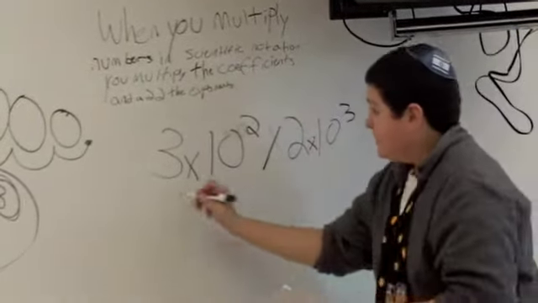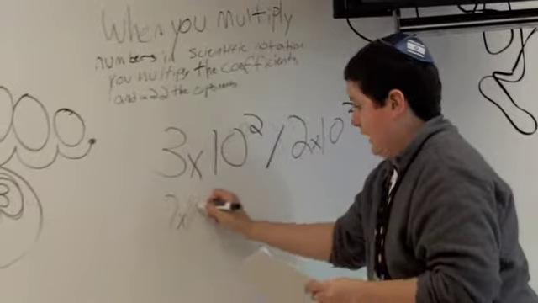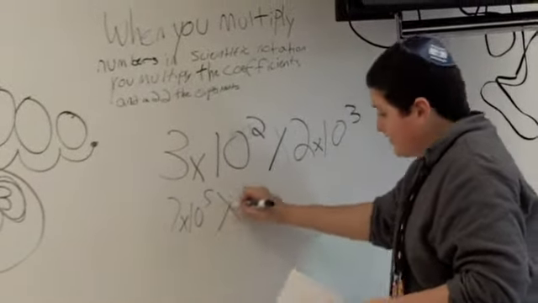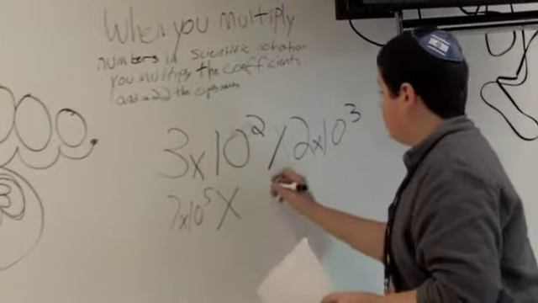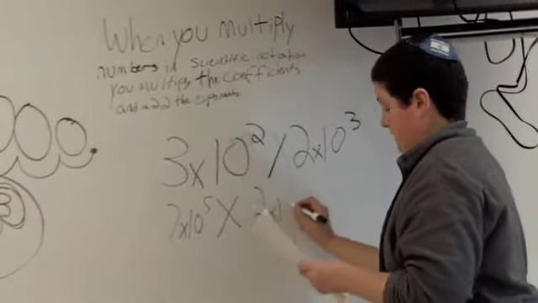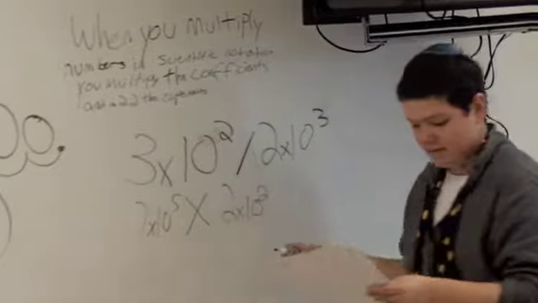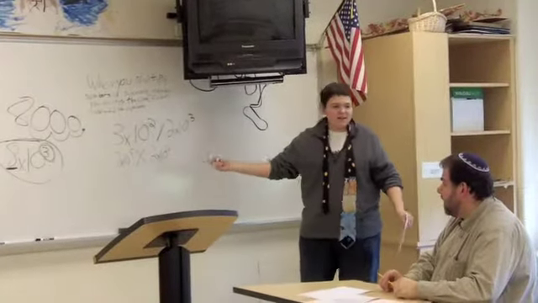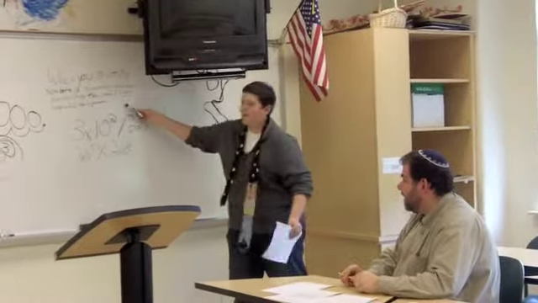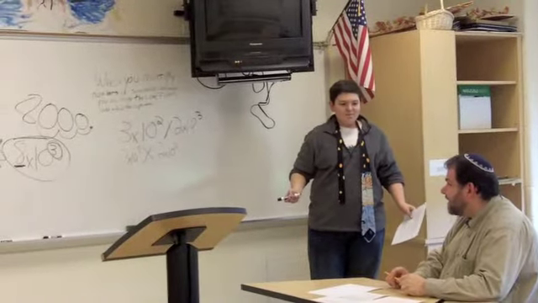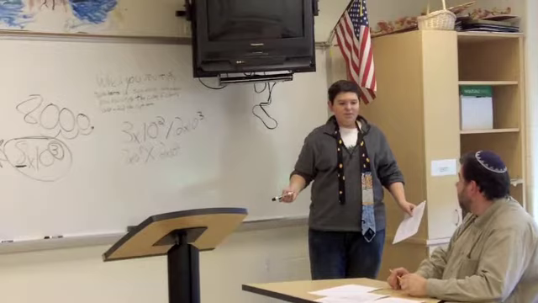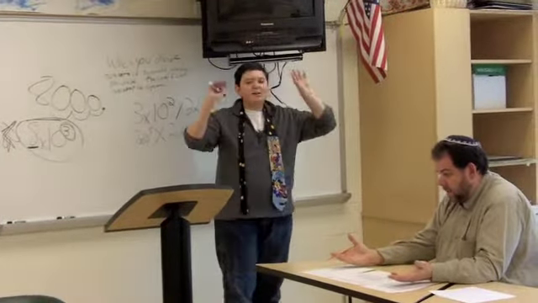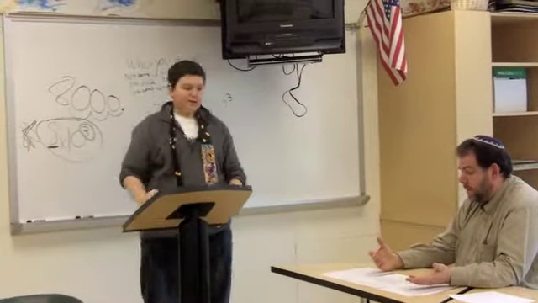Or how about 7 times 10 to the fifth times 2 times 10 to the second. Do you know the answer? Can you get it? But the rule's right here. Come on. Yeah, I don't know. You don't know? We'll come back to it later.